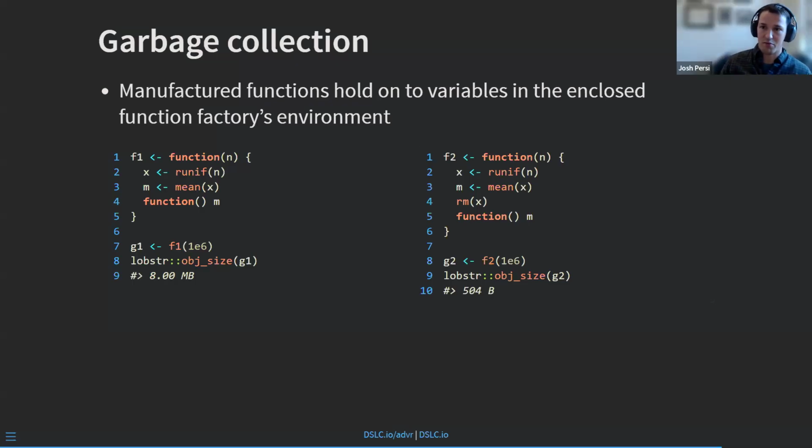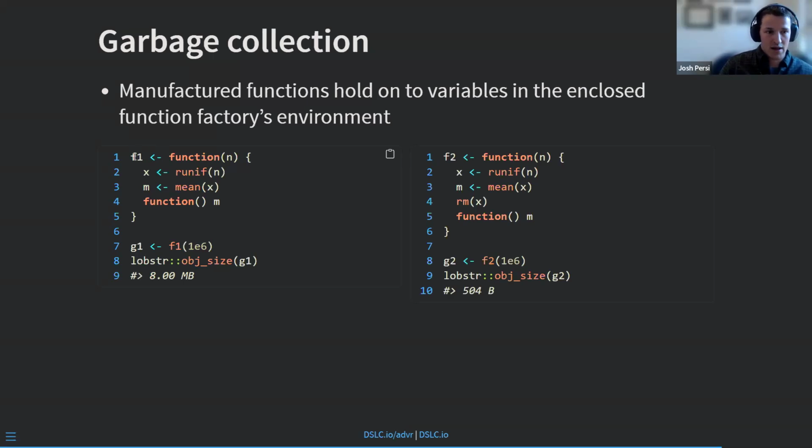So if you have large objects in your function factory, those are getting duplicated, as far as I understand, every time you create a manufactured function. That's by default. So you can see that over here.